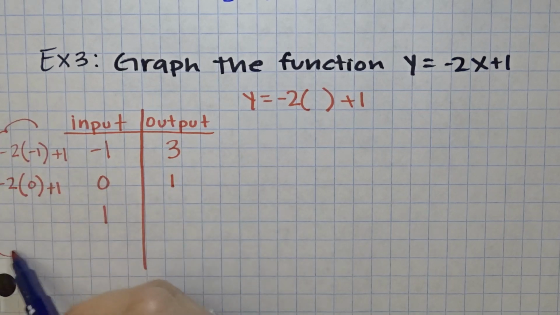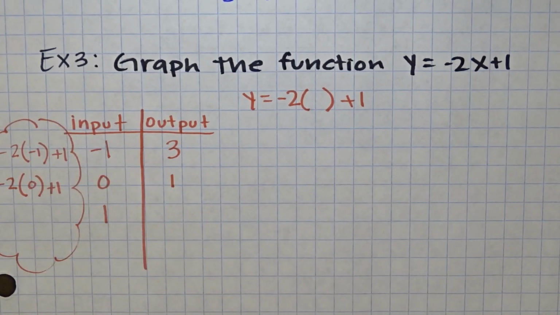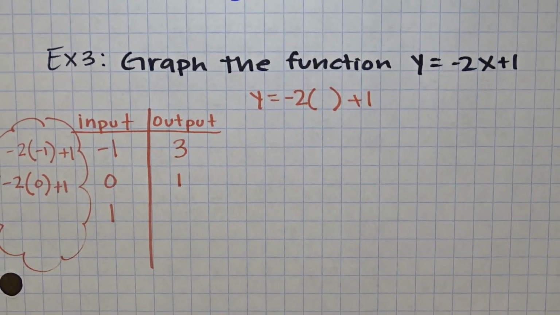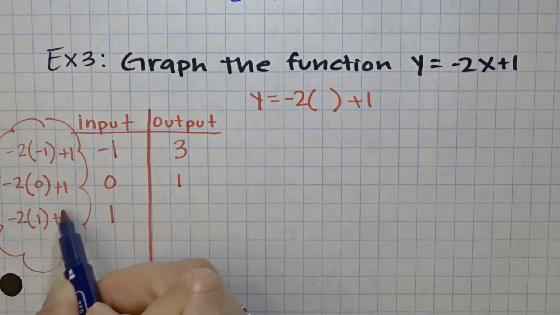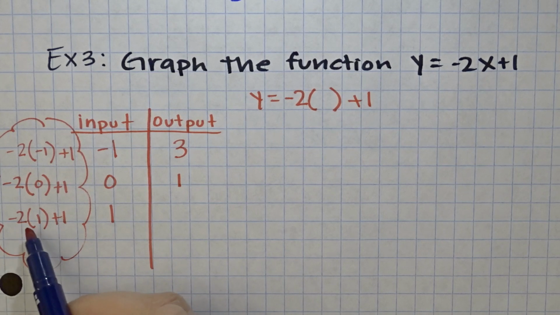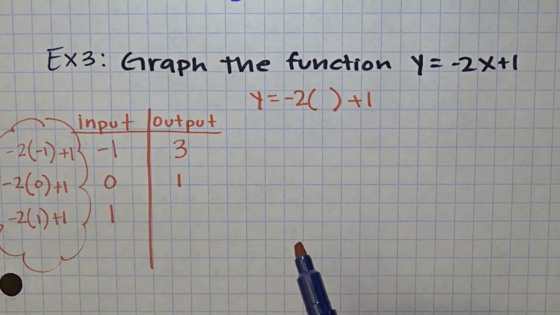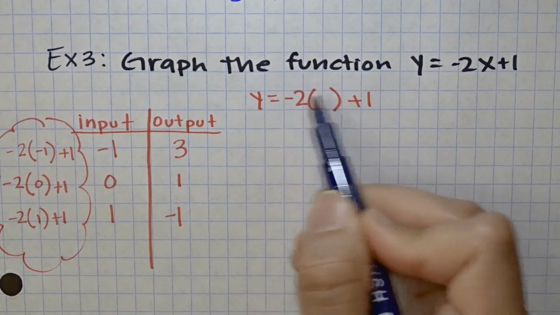This is like me applying the rule to these values. Negative 2 times 1 plus 1. It's negative 2 plus 1, which gives me negative 1. So these inputs produced these outputs using this function.